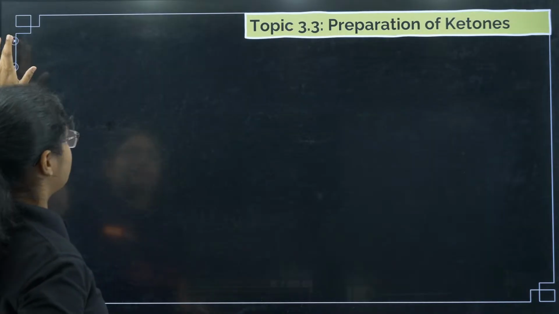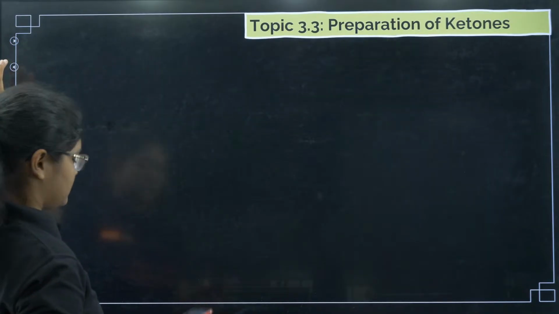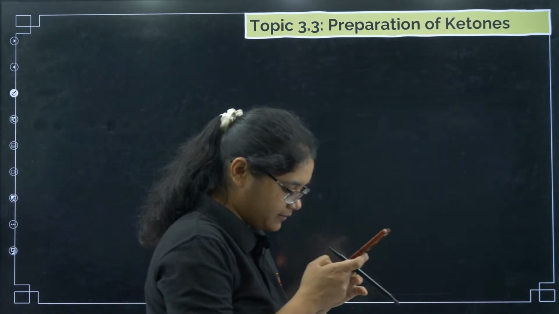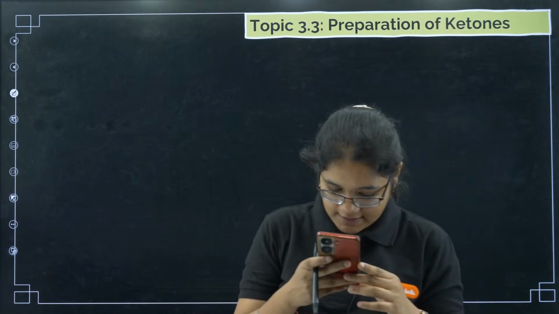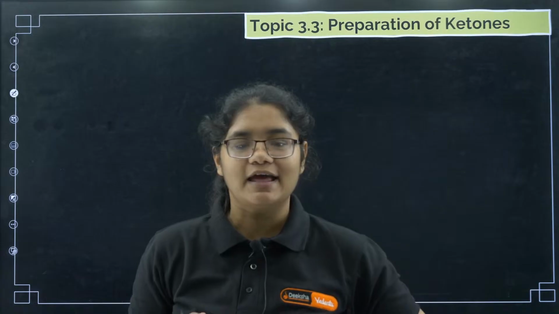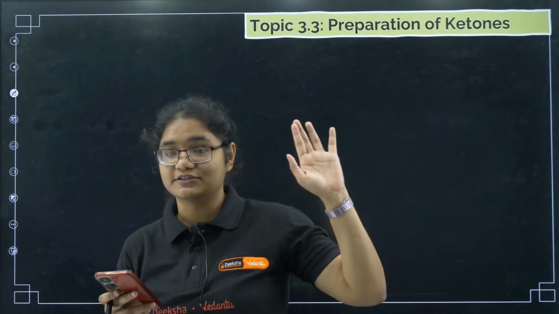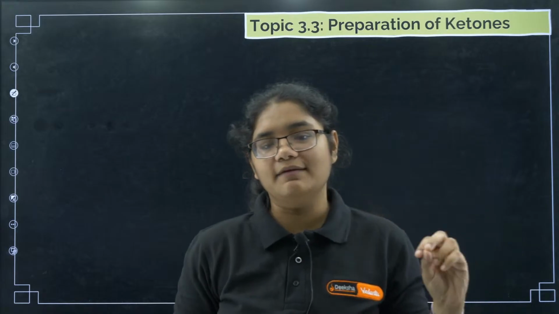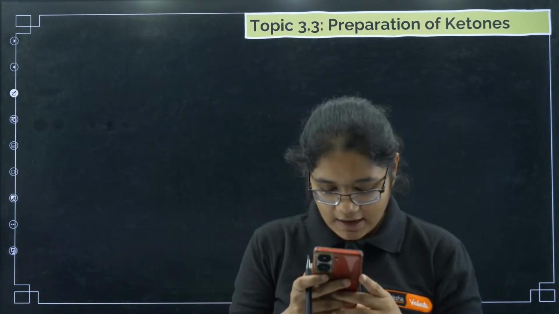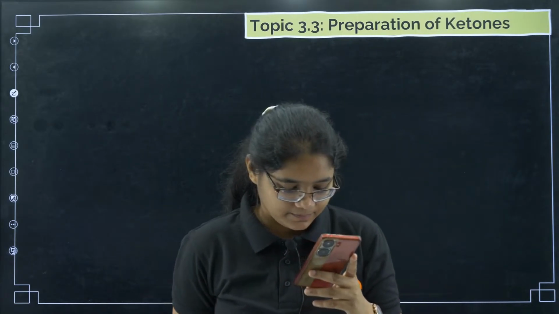Next we have preparation of... some students are asking for a break. So students, just tell me how many of you need a break. If you need a break, we can have a 5 minutes break here. If I see the majority of students asking for a break, then we'll take a 5 minutes break. Otherwise we will start.